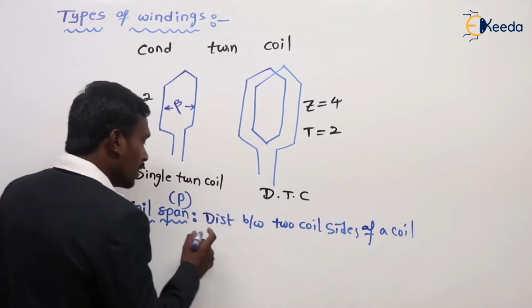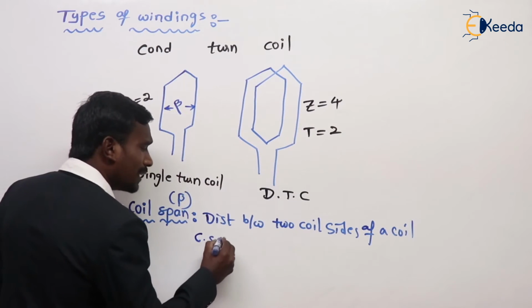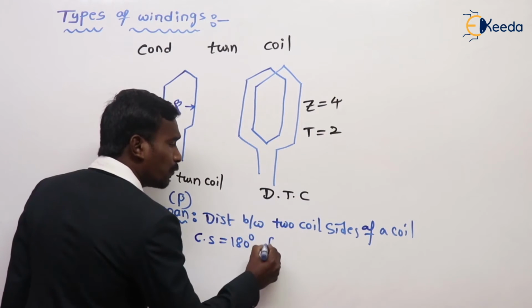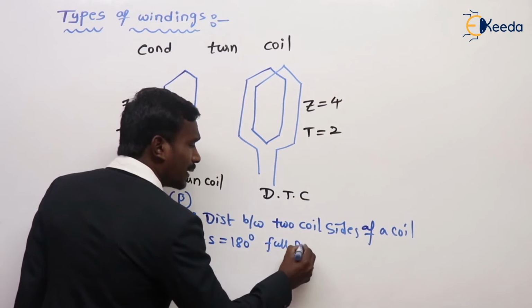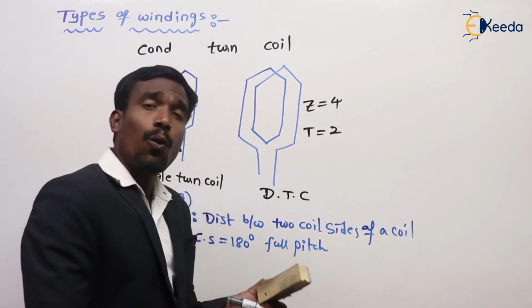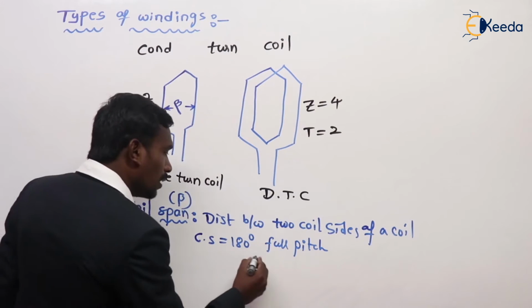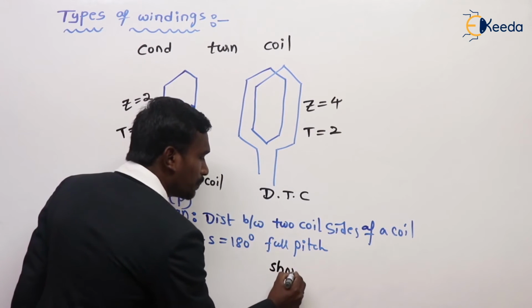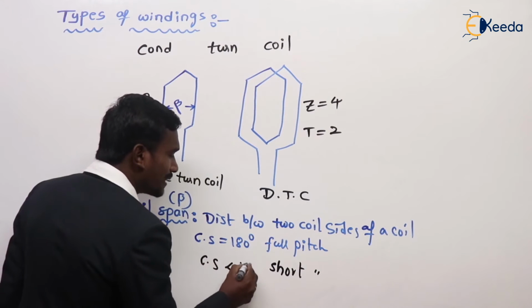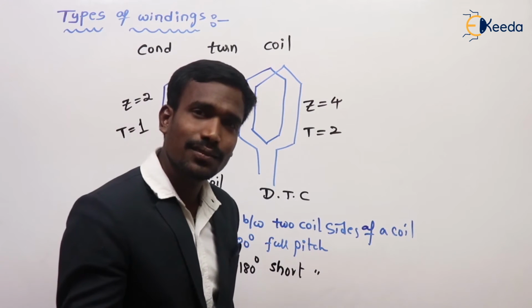Generally, this coil span is 180 degrees for full pitch winding. For short pitch winding, the coil span is less than 180 degrees.